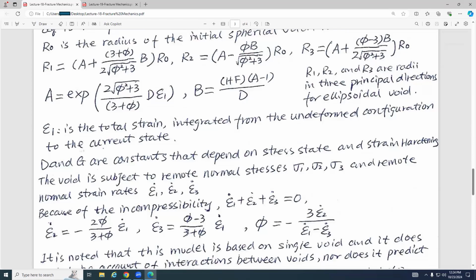If you assume this material is compressible, that's another story, so we need to use another set of equations. But for simplicity, we just assume the material volume does not change, no matter how you deform it. Right? So this is for simplicity. Because of the incompressibility, the sum of these 3 strain rates is equal to 0.